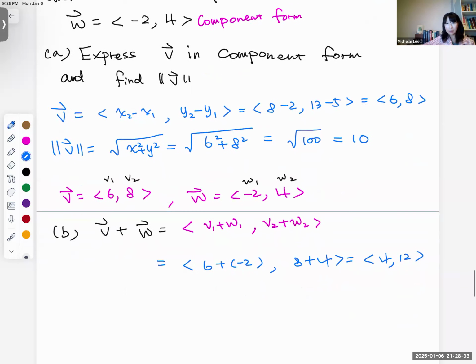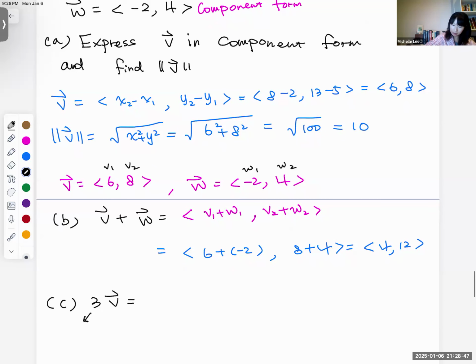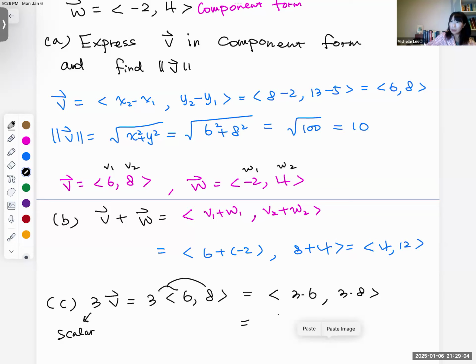Oh, you cannot see. Sorry. Okay. Next, 3 times vector v. So 3 is a scalar, right? 3 times v, and v has 6 and 8. So we distribute: 3 times 6 and 3 times 8, which is 18 and 24.